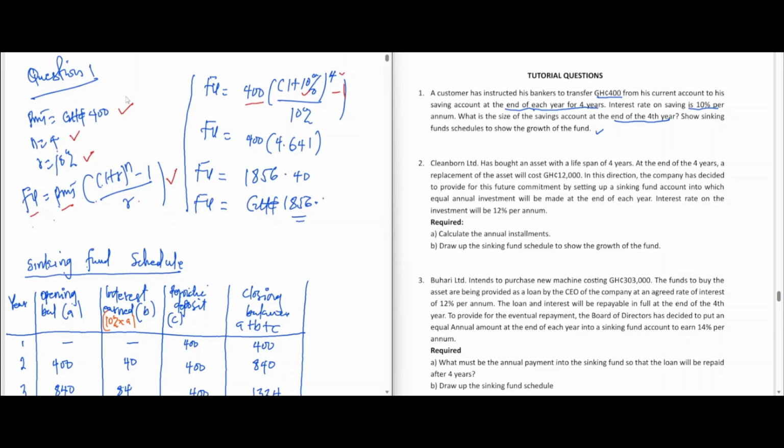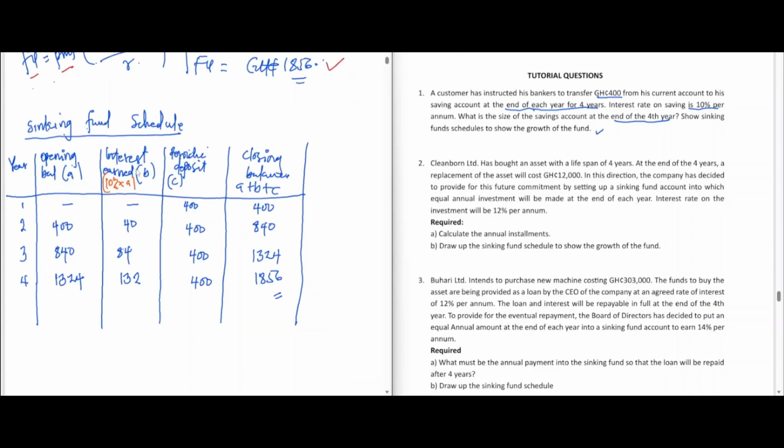When you use your calculator to calculate this, you get 4.641, and multiplying 4.641 times 400, you get 1,856.40 Ghana cedis. So our future value, which is the size of the savings account at the end of the 4th year, will be 1,856 Ghana cedis.